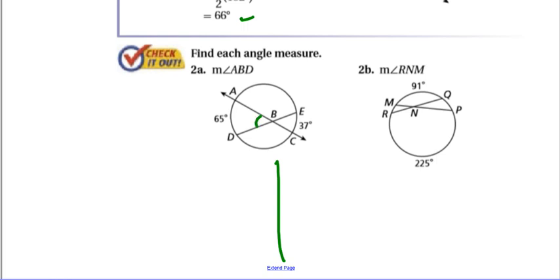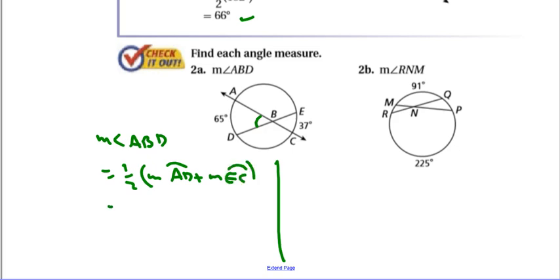Because one secant and one chord intersect at point B, the measure of angle ABD equals half the sum of the measure of arc AD plus the measure of arc EC, which equals half of 65 plus 37 equals 102. Half of 102 equals 51 degrees.